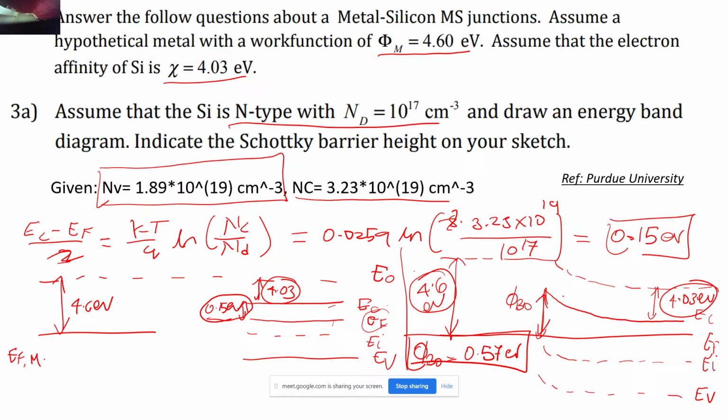So to make the contact ohmic, I have to make phi s greater than phi m, correct? And they have asked me to calculate the doping concentration where this will happen, right? So now how is it going to happen that phi s will become greater than phi m?